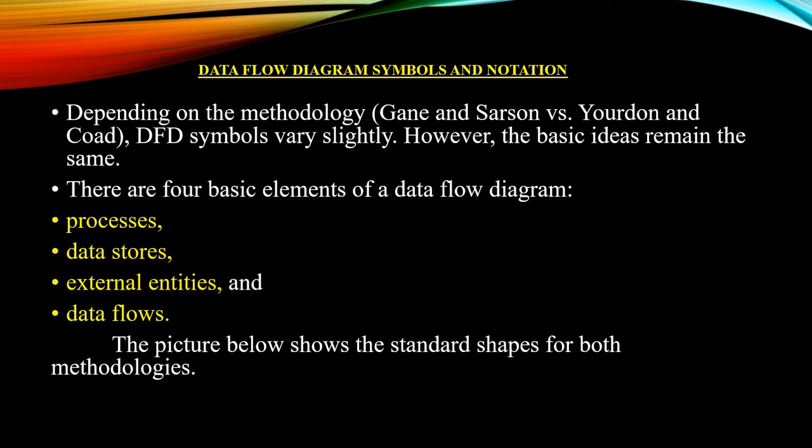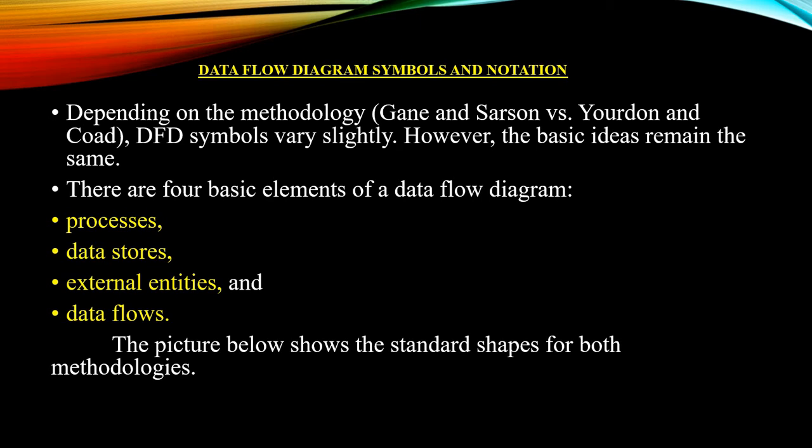Alright, we shall see the different symbols and notations of data flow diagrams as proposed by Gane and Sarson, as well as by Yourdon and Coad. The DFD symbols may vary slightly, however the basic ideas remain the same. There are four basic elements of data flow diagrams. Number 1, processes. Number 2, data stores.